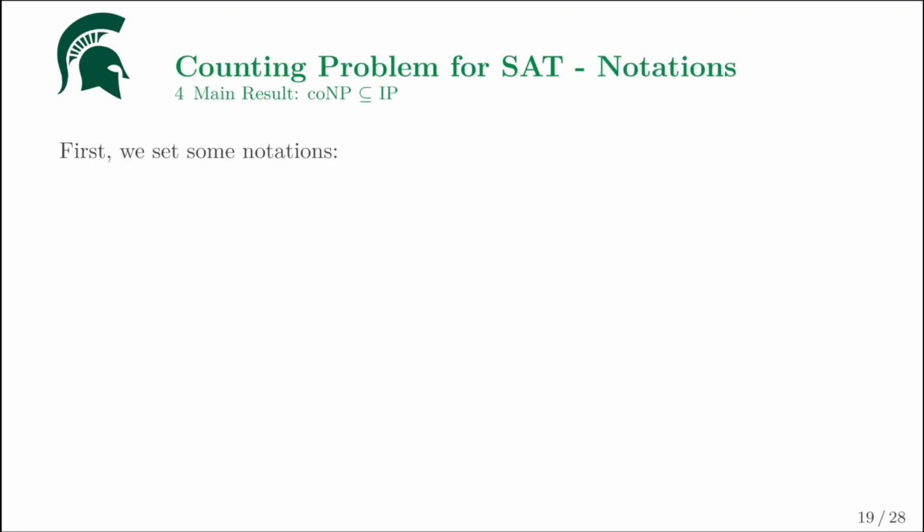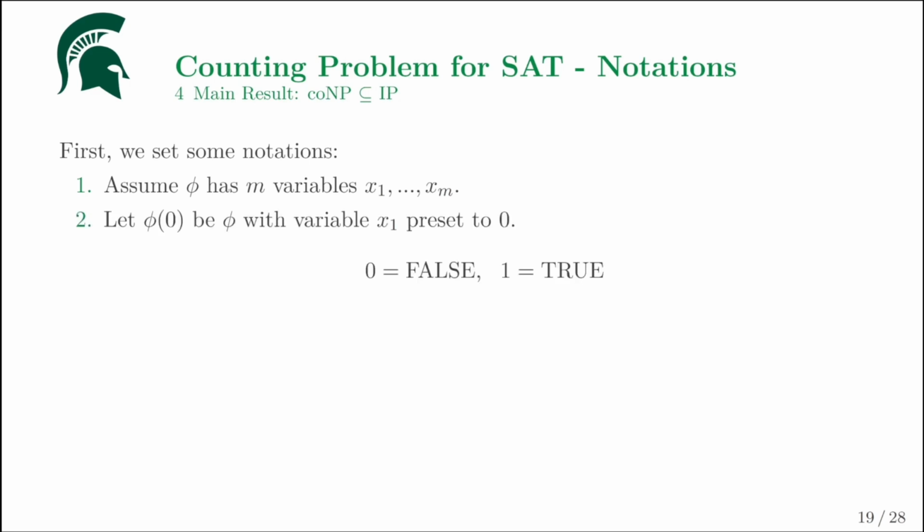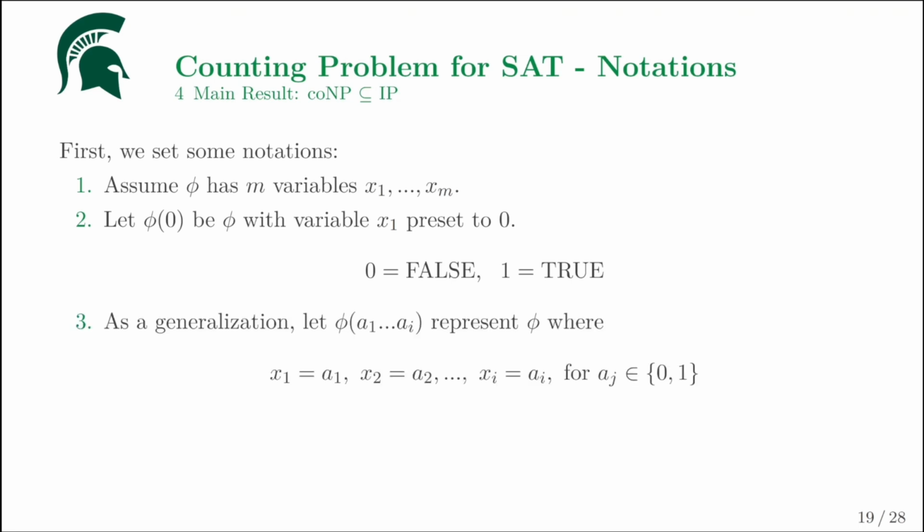Before we can jump into the proof, we first need to establish some notation. First, we assume that phi has m variables. Then we define phi of 0 to be phi with the first variable preset to 0, where 0 is false and 1 is true. We can then extend this notation to represent phi with its first i variables, each preset to either 0 or 1.